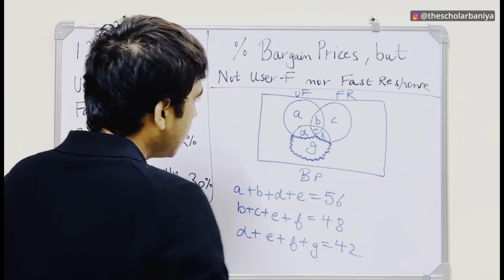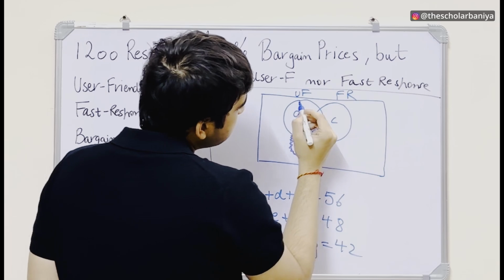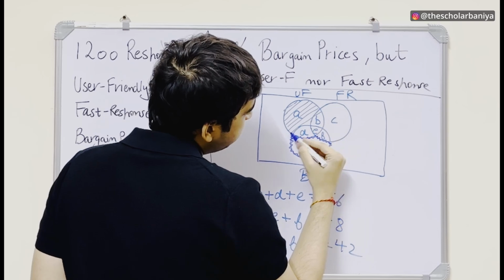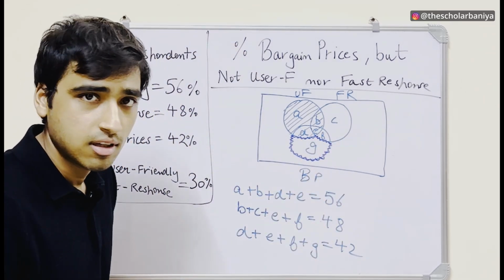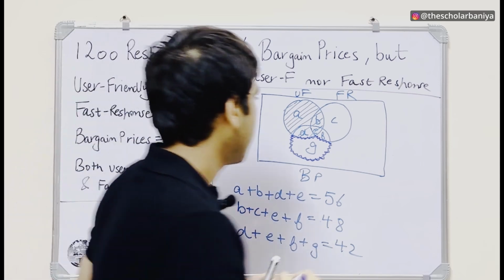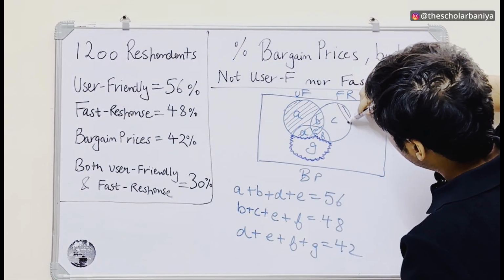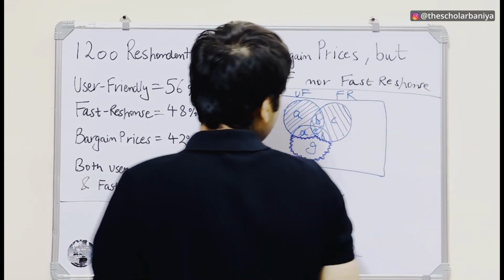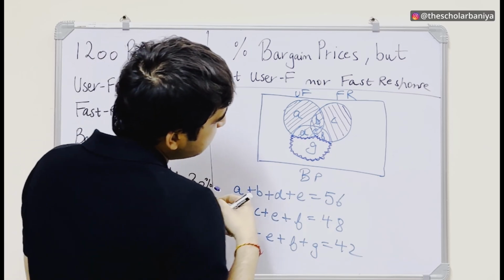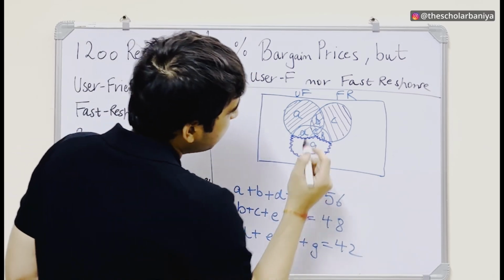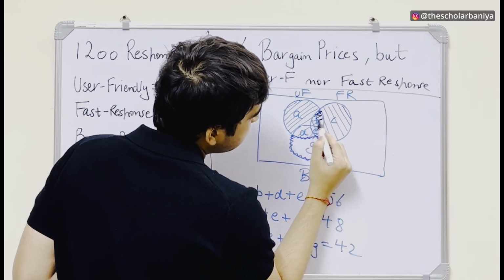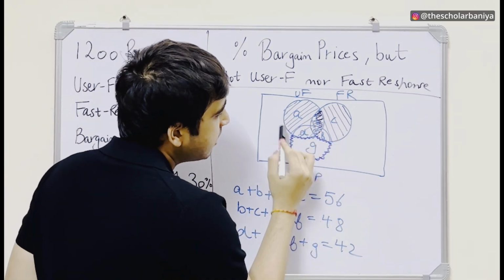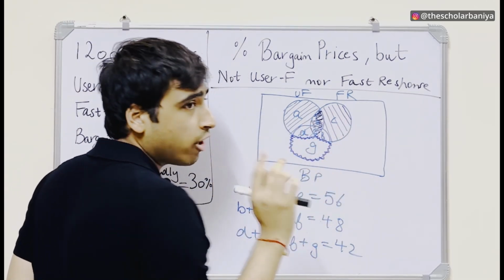Now tell me one thing: if I take the entire first circle, and I take the entire second circle, this common part got repeated twice.